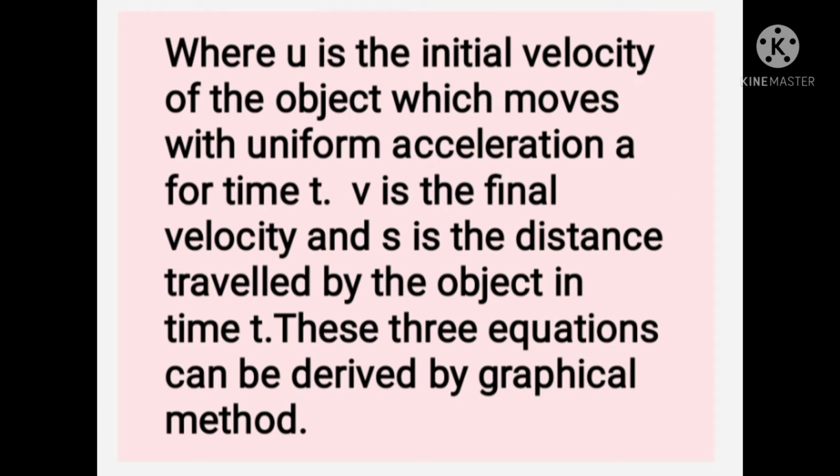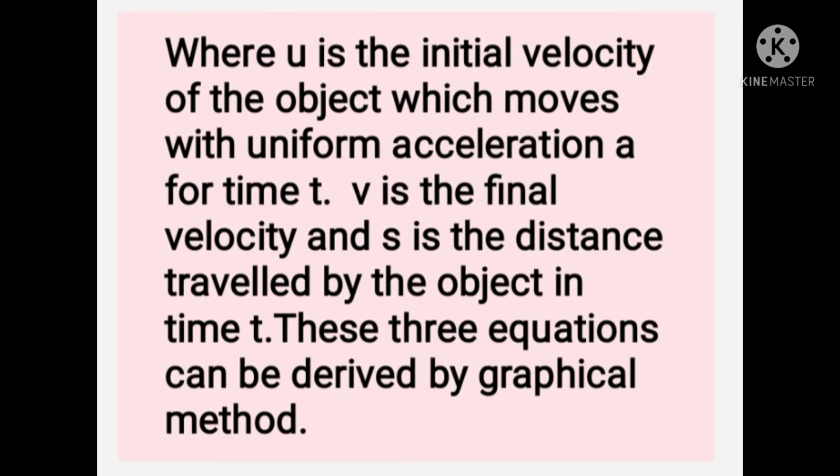where u is the initial velocity of the object which moves with uniform acceleration a for time t. v is the final velocity and s is the distance travelled by the object in time t.